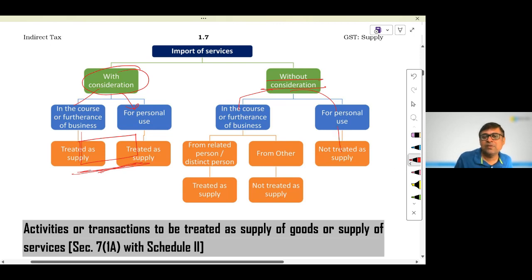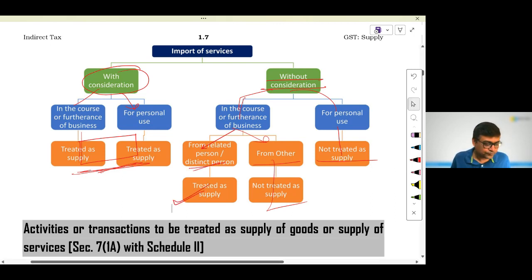If it is for personal use, it is not treated as supply. If it is for business, then further ask, is it from a related person or distinct person or from another person? If it is from another person, it is not treated as supply. If it is from a related person or distinct person, it will be treated as supply.